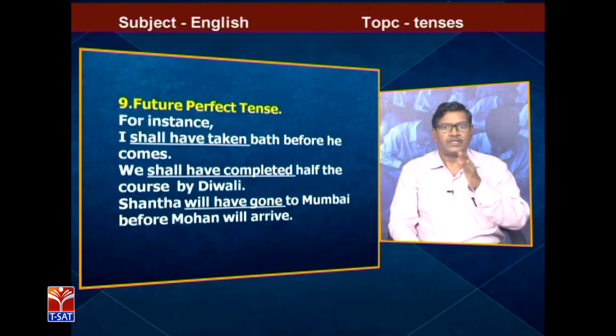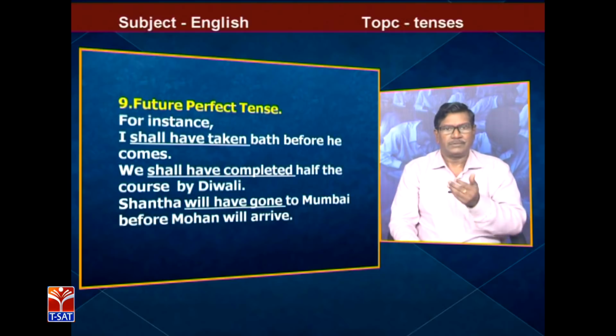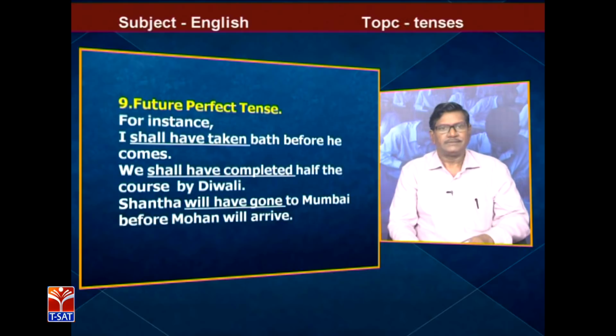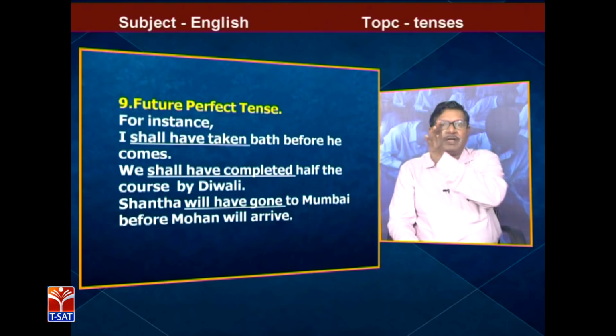Shanta will have gone to Mumbai. ఎప్పుడు వెళ్తుంది శాంత? మోహన్ రాకముందు. మోహన్ వస్తాడు, వాడు రాకముందు ఈమె వెళ్తుంది. సో ఫ్యూచర్ పర్ఫెక్ట్ టెన్స్ ఈజ్ యూజ్డ్. The verb is used in future perfect tense to denote an action that will be completed before a certain point of time in future.